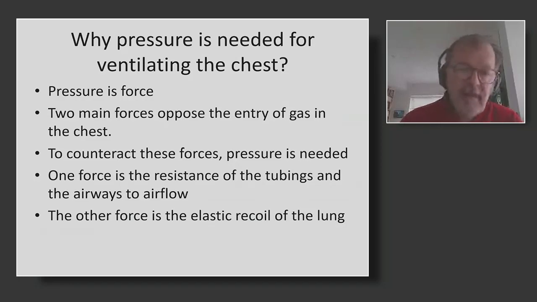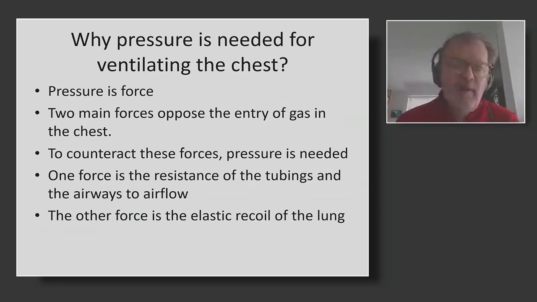And to counteract these forces, so to make the volume go into the lung, the pressure is needed. When a patient is breathing spontaneously, this pressure is generated by the respiratory muscles and it's negative pressure. When it's a ventilator delivering the pressure, it's positive pressure.